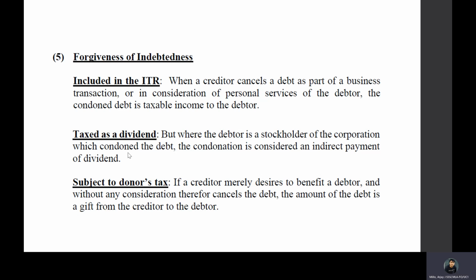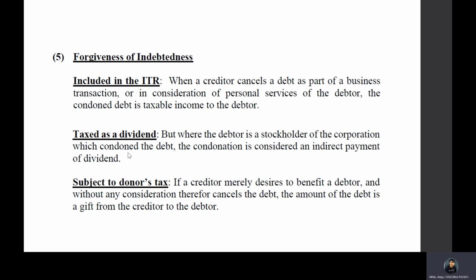When a creditor cancels a debt as part of business transaction or in consideration of personal services of the debtor, the condoned debt is taxable income to the debtor. For example, may utang si A kay B, instead of A paying B, magre-render na lang ng service si A kay B. So as if binayaran niya, as if service income niya yon, so that will form part as his gross income.